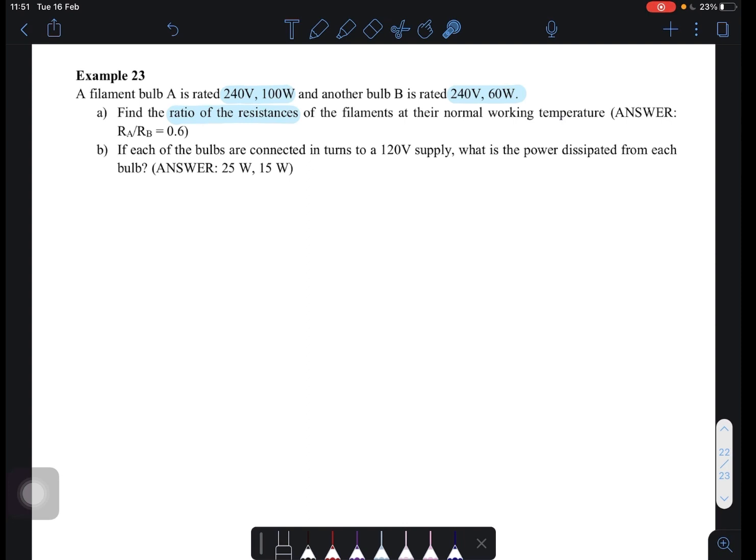So we want to find the ratio of the resistance. Okay, so we have bulb A with power of 100 watt, and then voltage is 240 volt. And then we have bulb B with power of 60 watt, and then voltage is 240 volt.